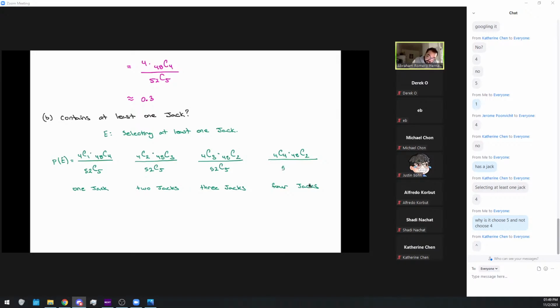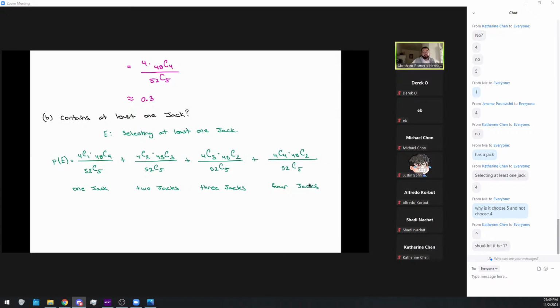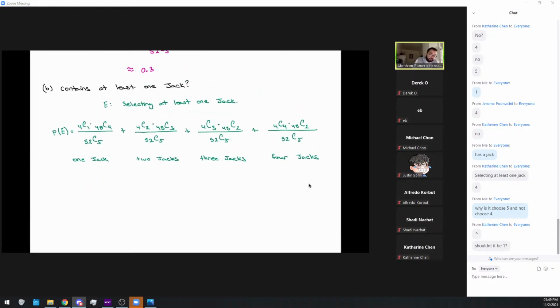Divided by 52 choose 5. In the end, we're going to add all of this. And that will give us a probability of approximately 0.3411580017. And there's a reason why I wrote out the entire decimal.